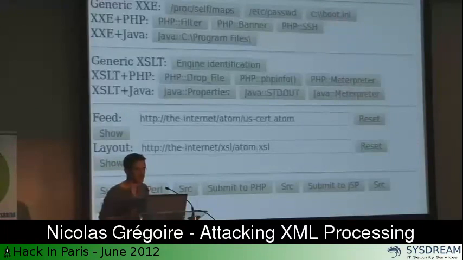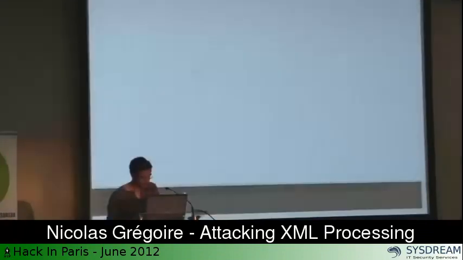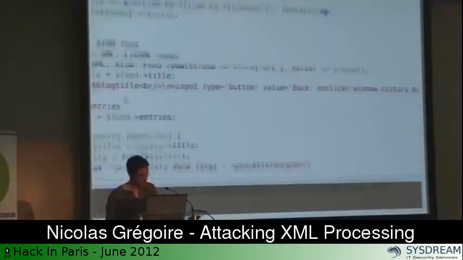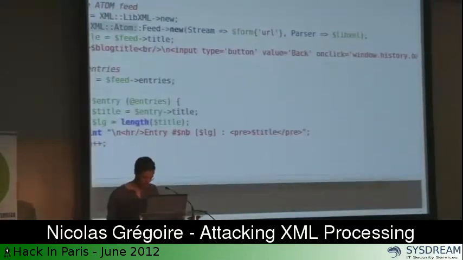Most of the time, web developers consider XSLT code as CSS, which is only for doing markup. That's why I call it layout, but it's really code. And we have some very minimalist applications. That's some Perl code using the XML Atom library in order to generate your page.